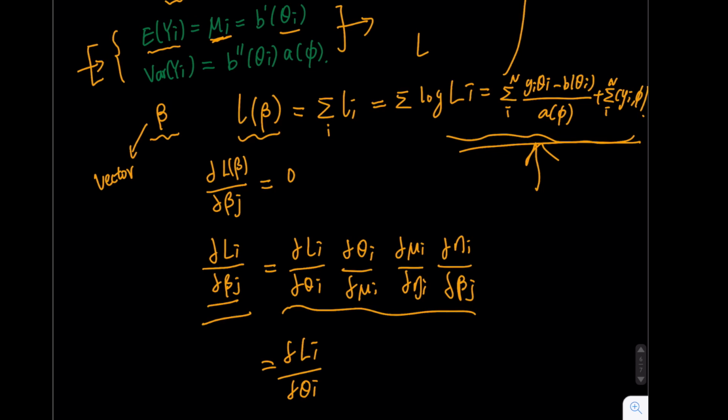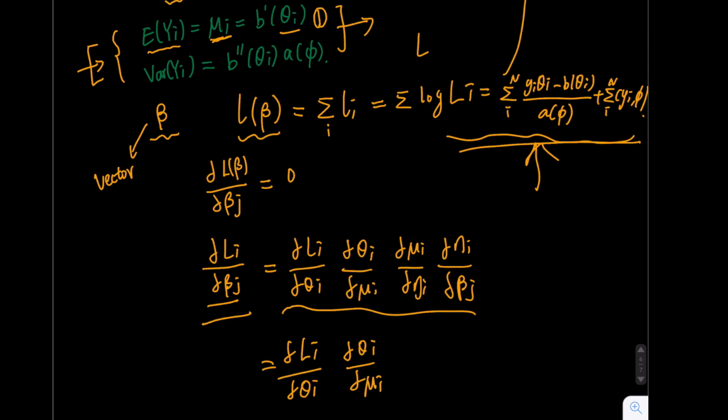We know how to express theta i if we know basically the expression of the likelihood, right? So we can do d theta i d mu i. That shouldn't be hard based on this equation.